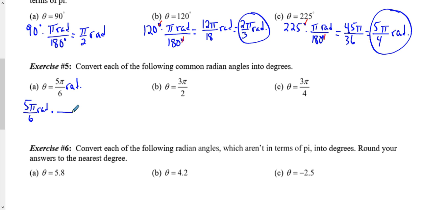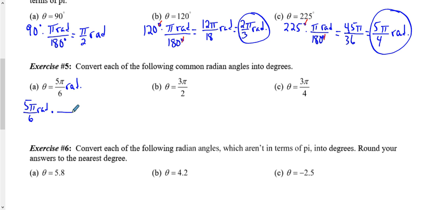Which of the two? Pi over 180 or 180 over pi? I want radians to cancel. Well, radians is on the top.